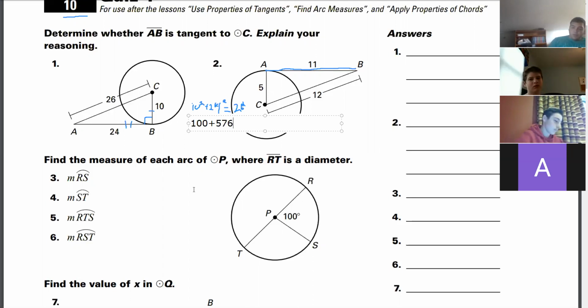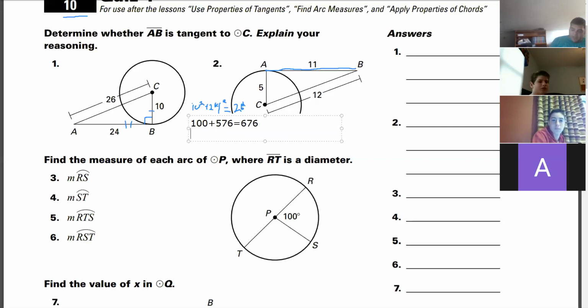Okay, good. So 100 plus that should equal 26 squared. And 26 squared is 676 also. Wait, why are we doing plus 676? Oh, wait, yeah, that is true.